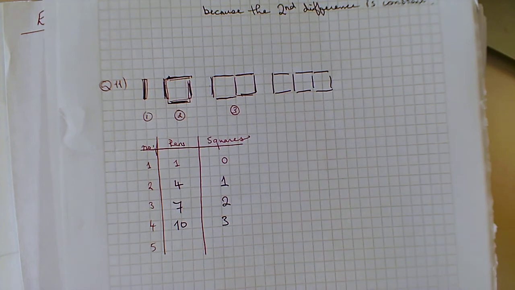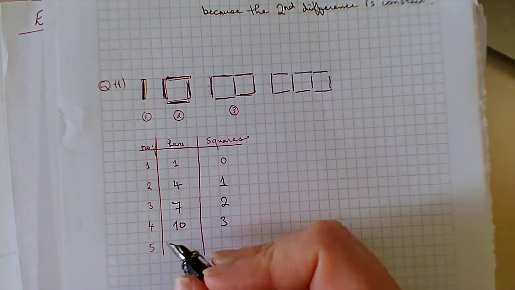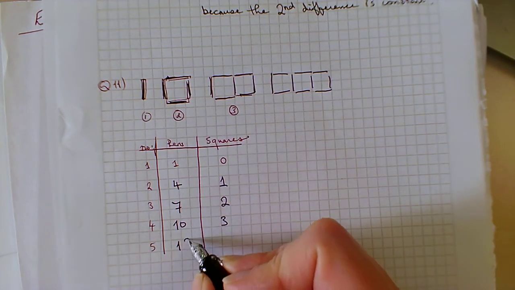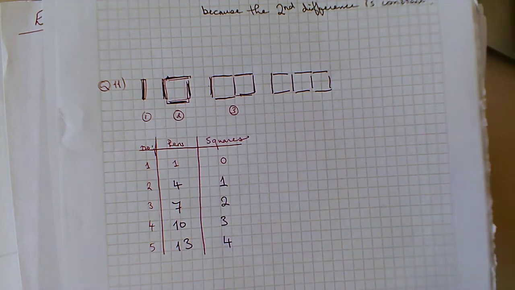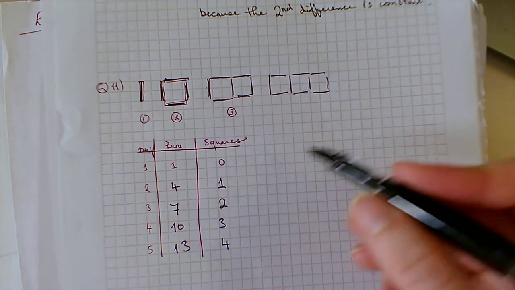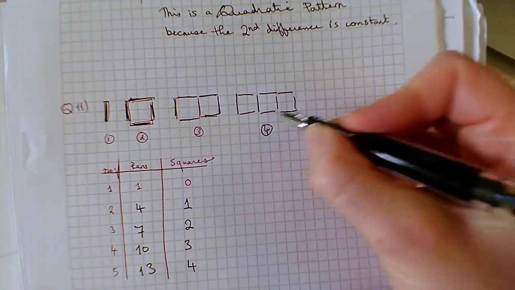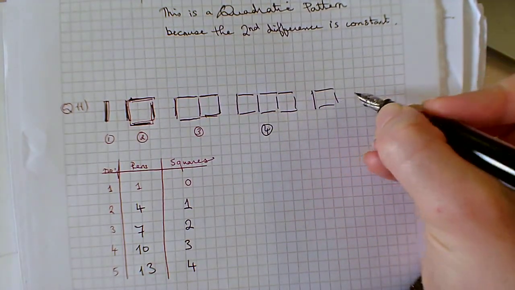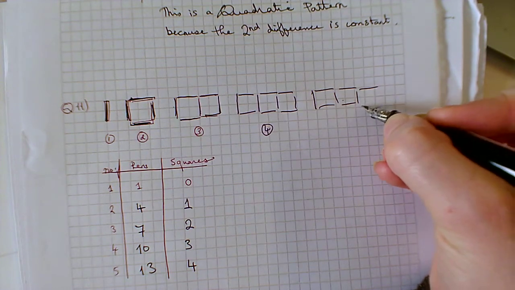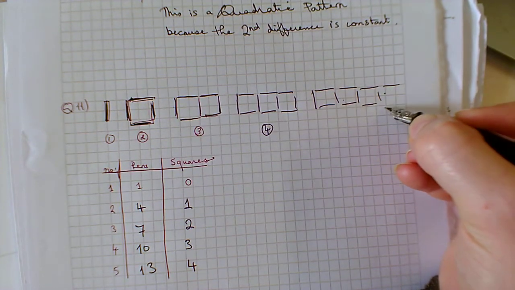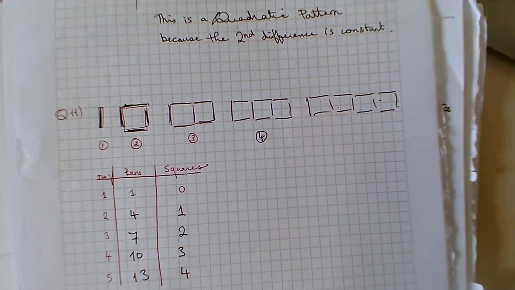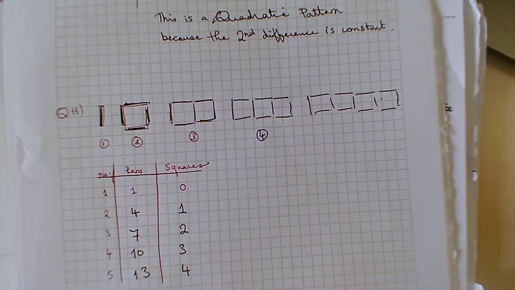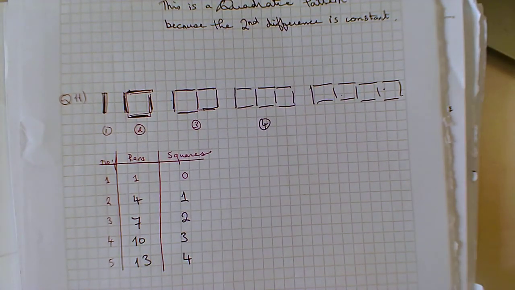And without even drawing it, we could probably work out that the 5th pattern would have 13 pens to make 4 squares. But if you needed to, you could of course draw out the 5th pattern as well. So we're adding 3 pens each time, so we don't double up the one in the middle, and that creates an extra square every time.